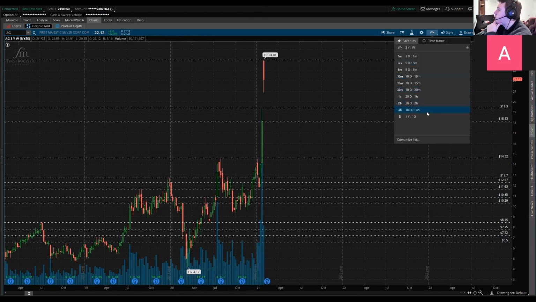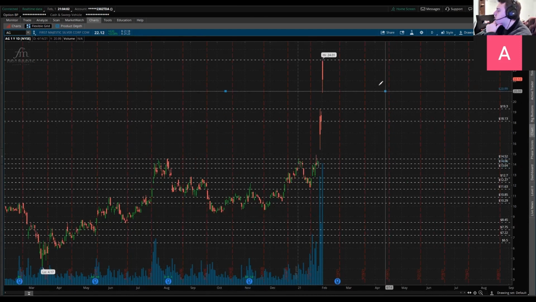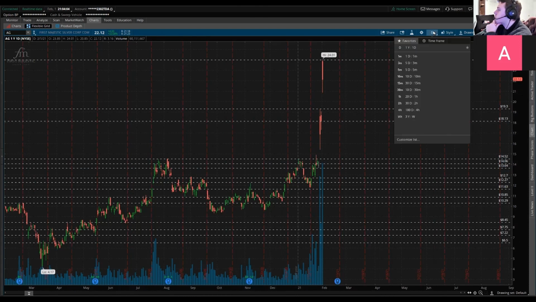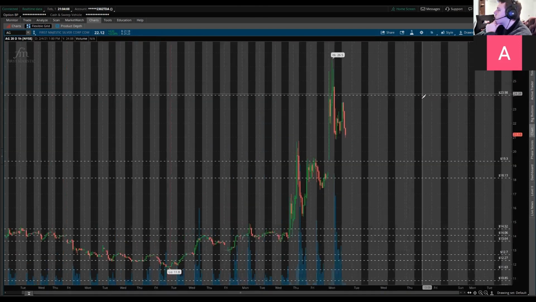So let's get a smaller time frame. Daily. Price is way up here. Let me do the 1 hour. Now we've got a better view of pre-market levels up here. So do it right there.